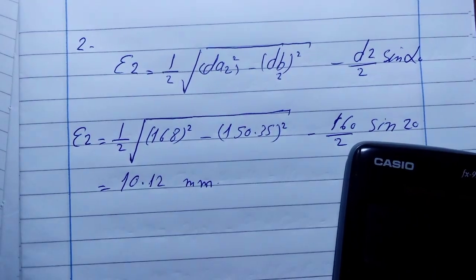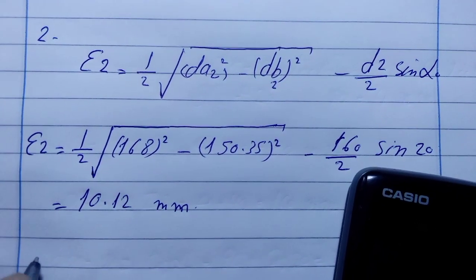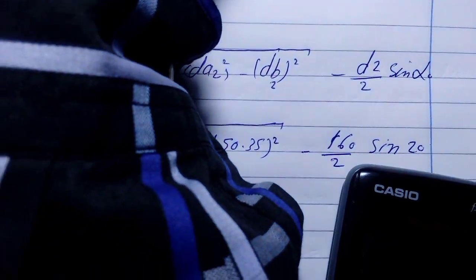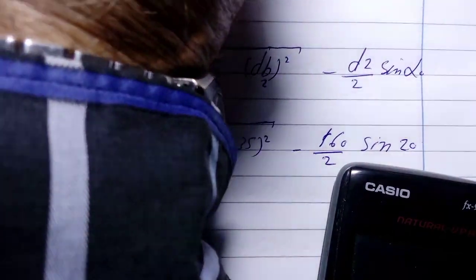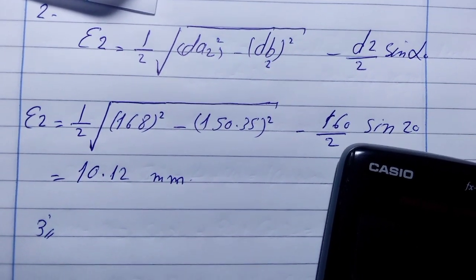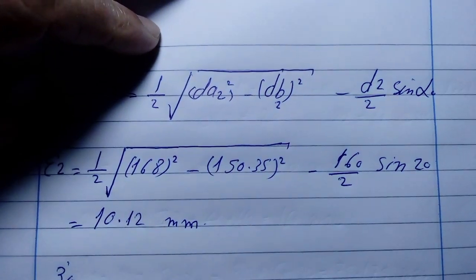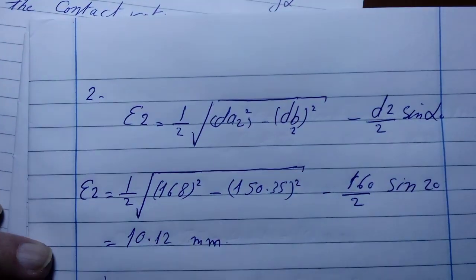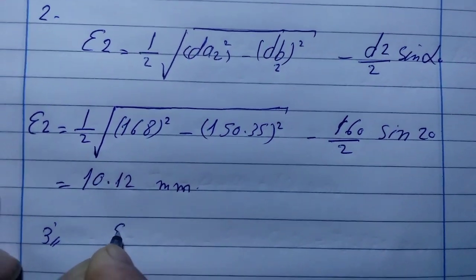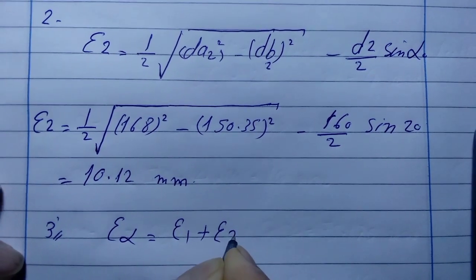Okay, now number 3, the length of path of contact. E alpha is equal to E1 plus E2.